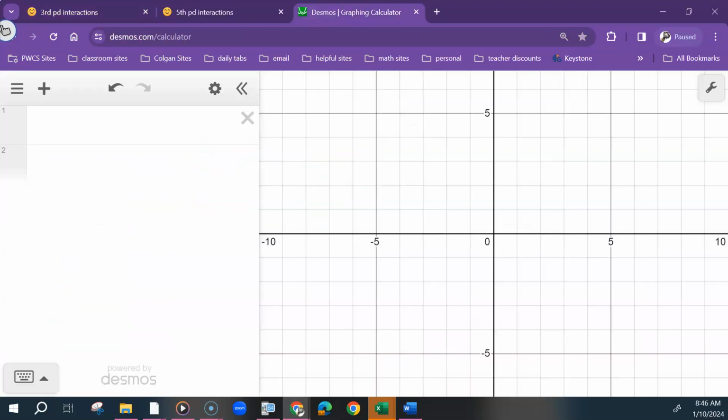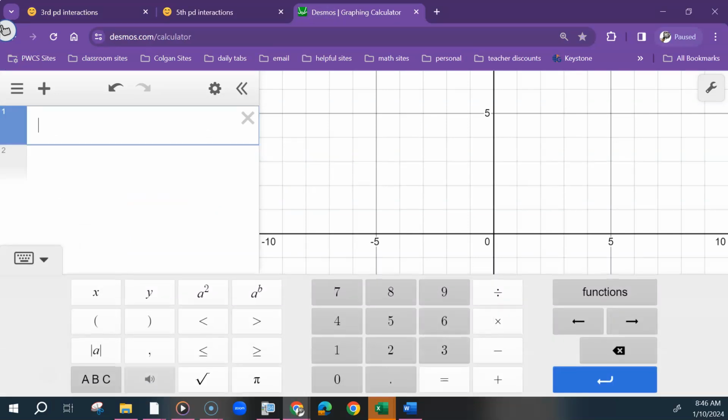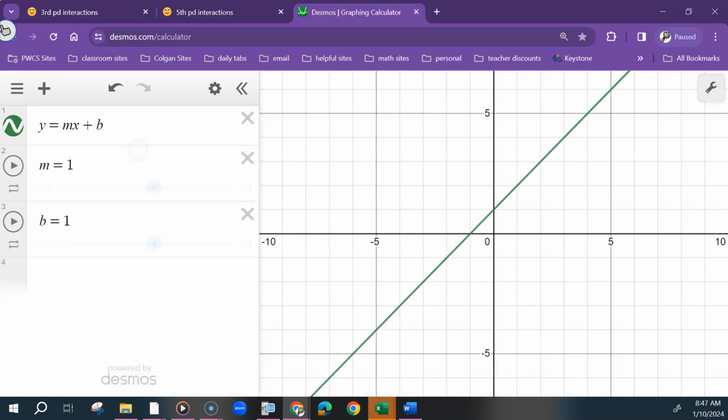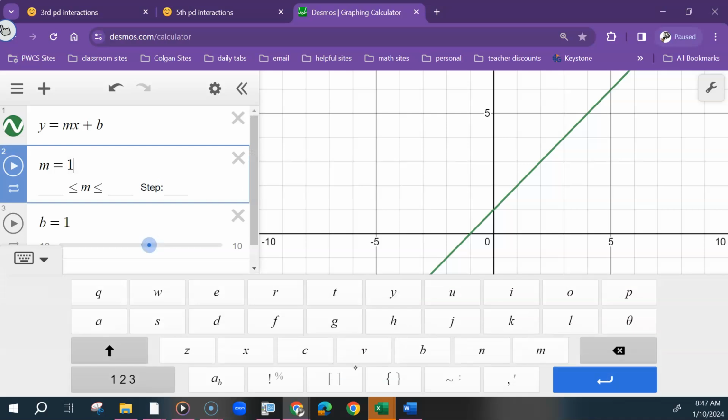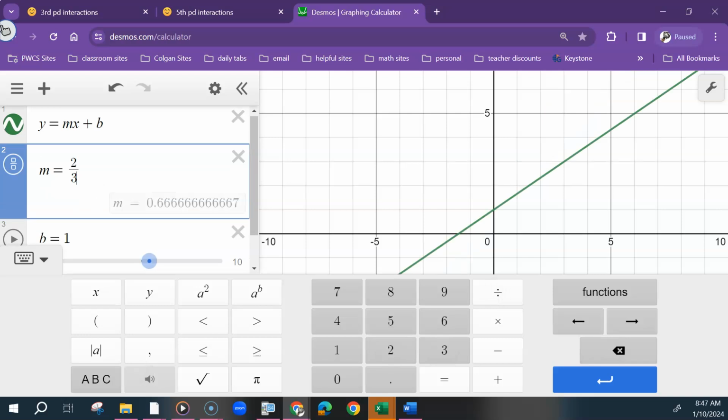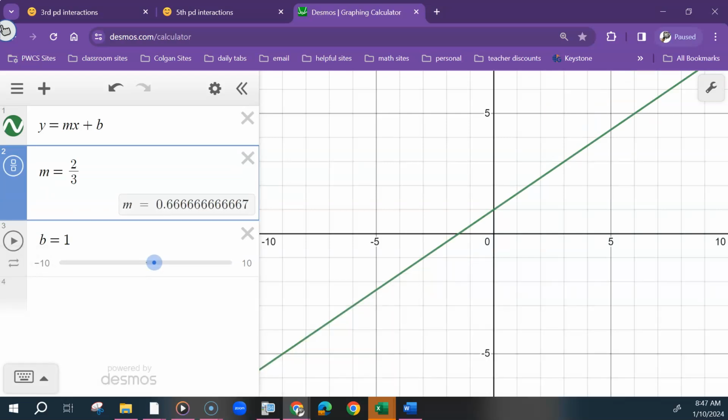So just for the future, as you're practicing, for number 1, if you saw something like this, you would type in your y equals mx plus b. Add in all your sliders. We know the slope is 2/3. We don't know what b is yet.